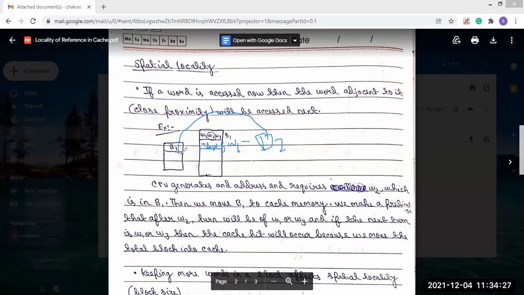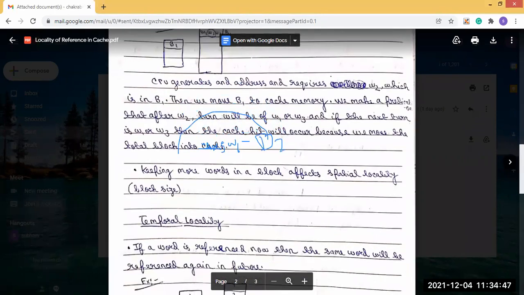So it will be very easy for the CPU to access, and our cache hit will also increase. So if we keep more words in the block, it will affect the spatial locality or the block size.